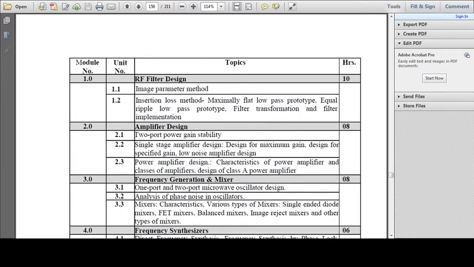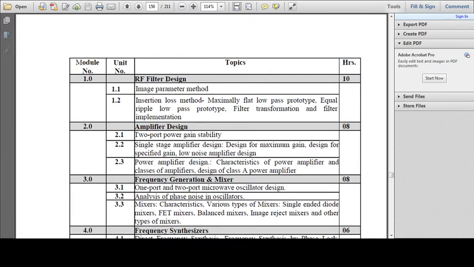Then the second module consists of RF amplifier design. First we introduce the two-port power gain and stability concept. Then we design various types of amplifiers, for example single stage amplifier design. There are various conditions to be studied for single stage amplifier design, for example design for maximum gain, design for specified gain, and low noise amplifier design.